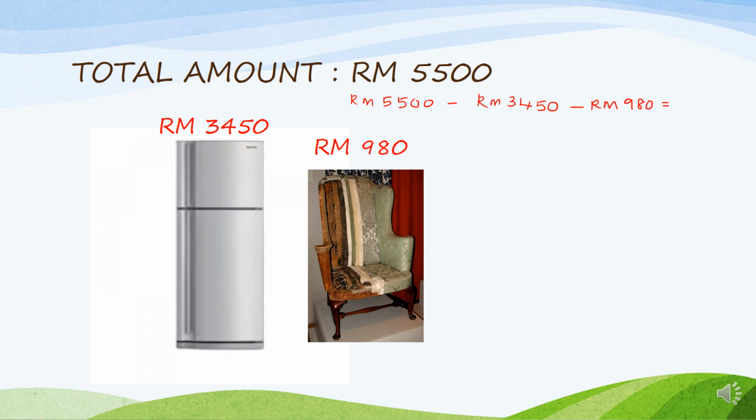So you need to do these two numbers first. From 5,500, you minus 3,450 first. After that, you will get an answer. From that answer, you need to minus again 980 ringgit.